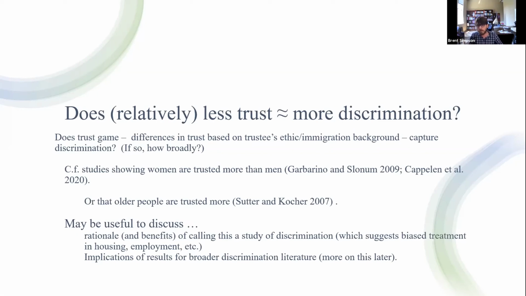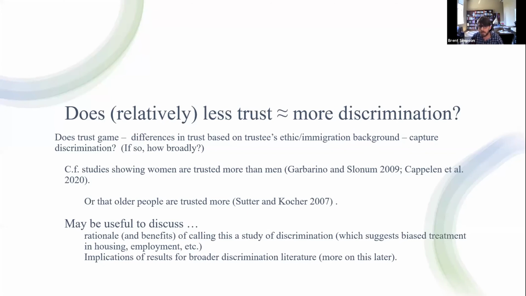So I'll say a bit more about this later, but one thing that's useful to discuss, and a point that I'll keep coming back to, is the rationale and benefits of calling this a study of discrimination, which could bring to mind biased treatment in housing, employment, treatment by the police, versus, say, category-based trust, which would imply different theoretical arguments.